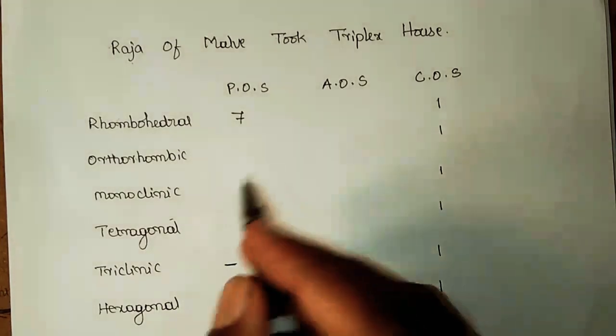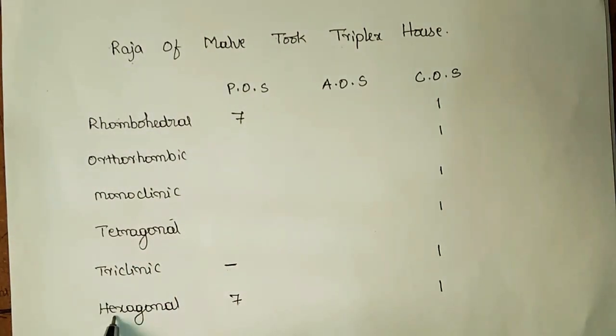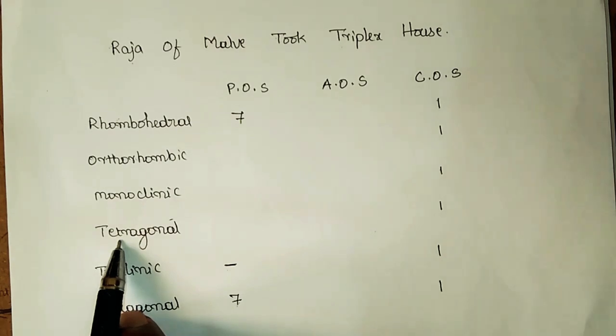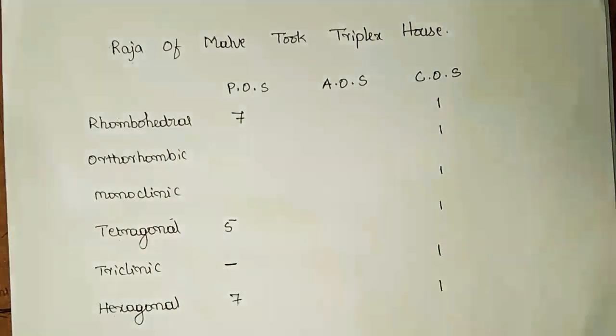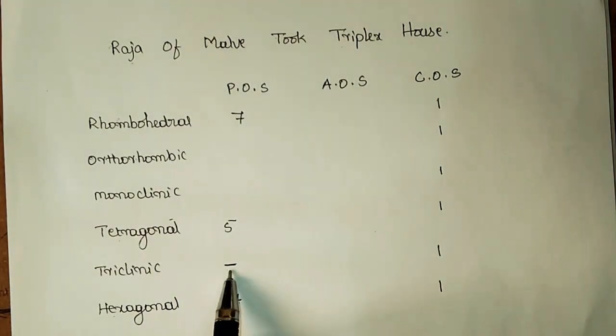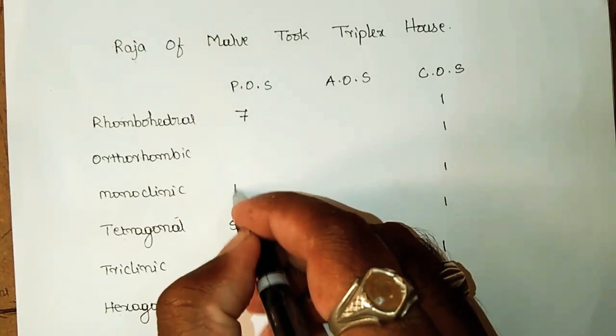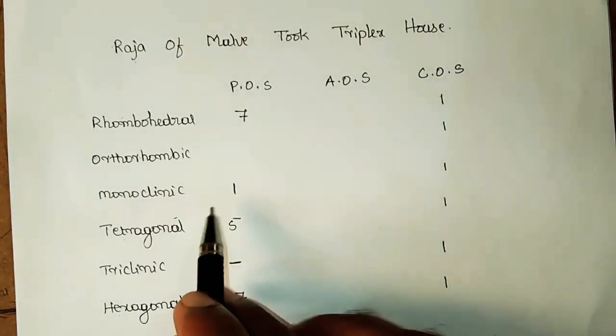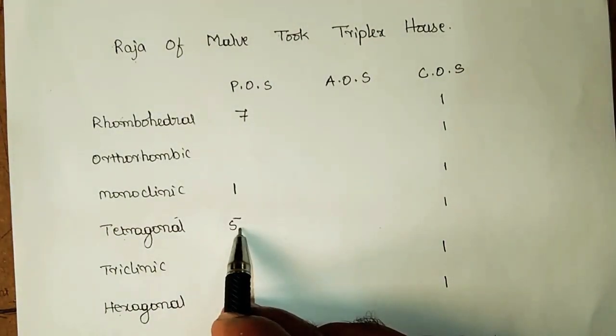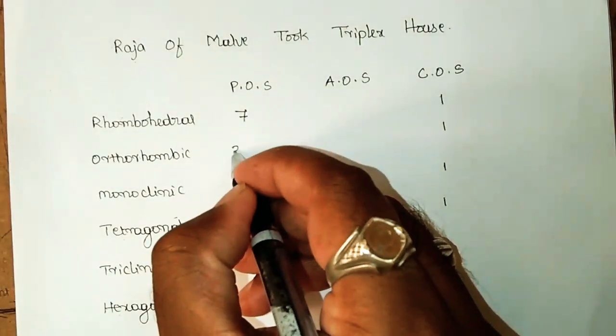So 7, minus. Here we did hexa, so increased by one number to 7, and here it is tetra, you increase by one number again, that is 5. So 7 minus 5 is 2. Mono means 1. So here we don't have any sign, so add it: 7 minus 5 is 2, plus 1, it is 3.